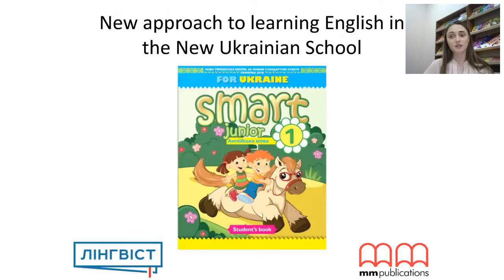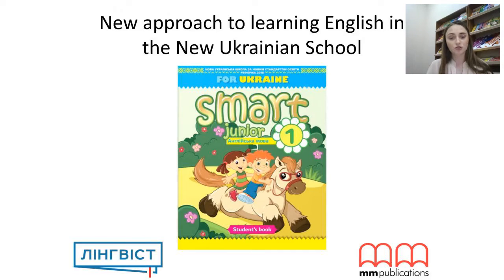Smart Junior is a totally new approach to learning English in the new Ukrainian school. Smart Junior is designed with careful consideration of all learners' needs and emotional development at a young age. The focus is on listening and speaking skills, and all the activities in this book promote communication.